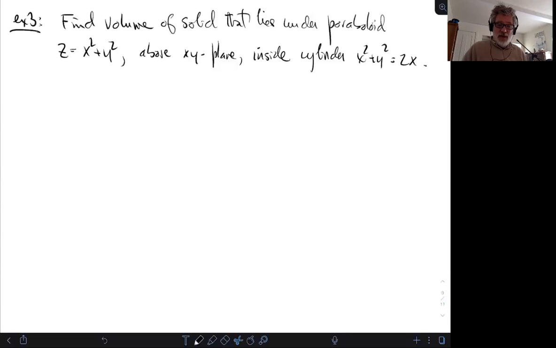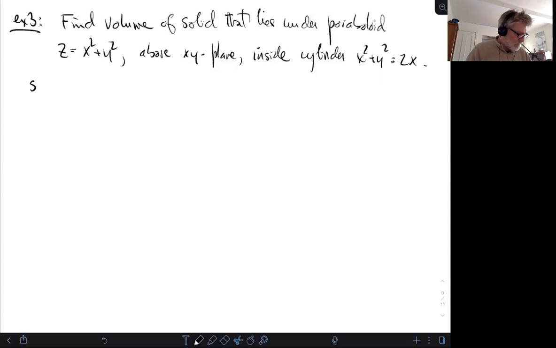Okay. So we have a paraboloid. We're looking for the volume of what's under it, above the XY plane, inside a cylinder. Now that looks complicated until you look at the cylinder's equation. What's missing is z, and that's really good news, because it means that your cylinder is vertical.